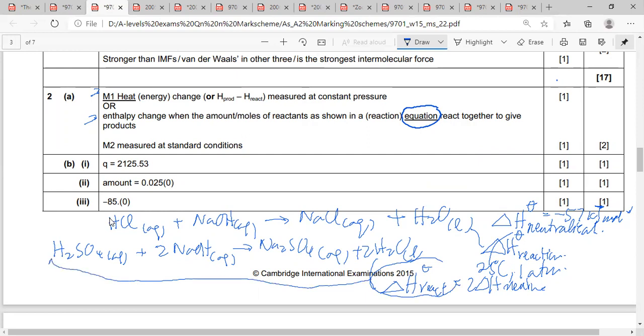Which means if I call this a reaction here, it will have to go according to the stoichiometry, the number of moles. It's 1 mole here and 2 moles here to form 1 mole here and 2 moles here.